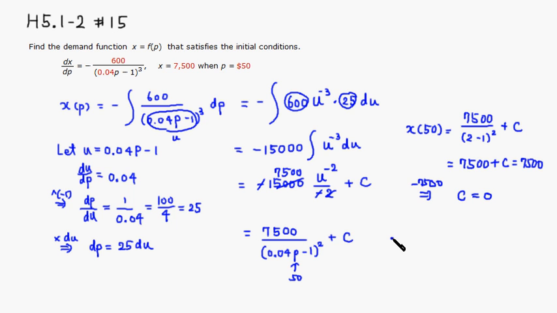So therefore, the complete formula of x of p is 7,500 over the quantity 0.04p minus 1, squared. All right, so let's type that in.